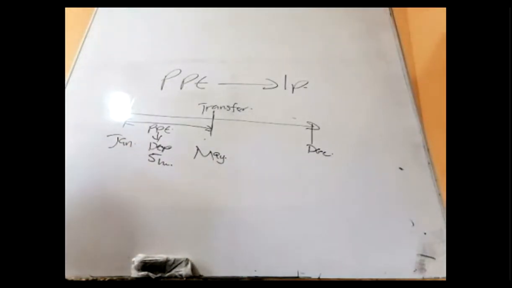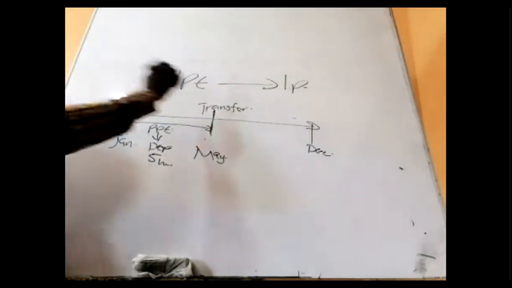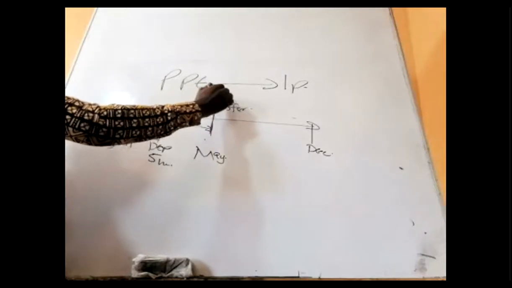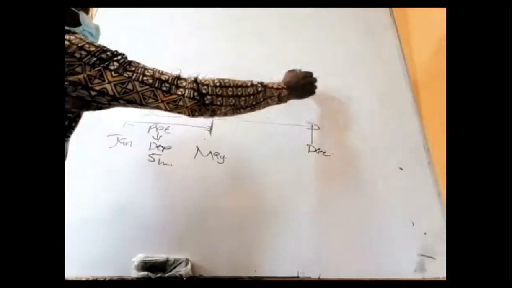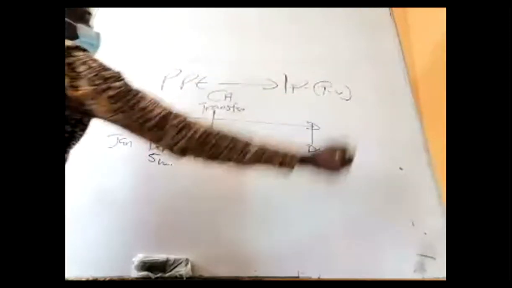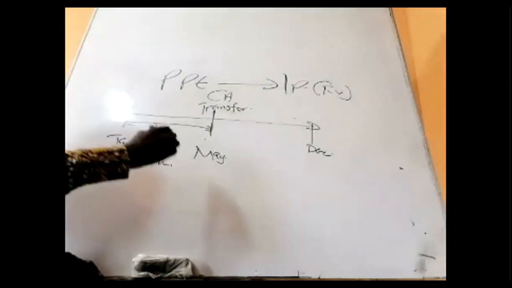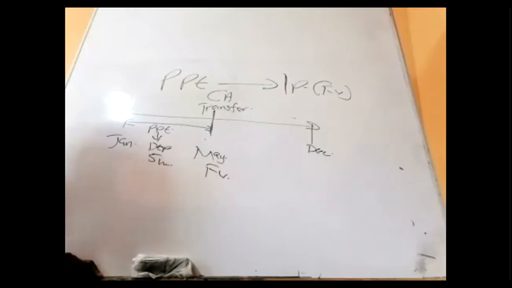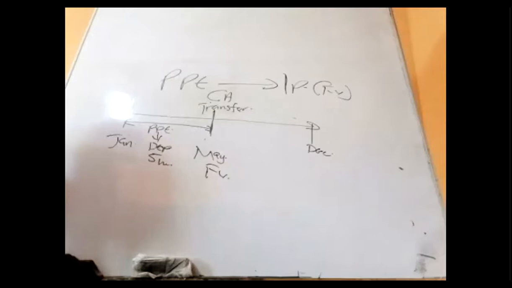Then second, at the date of the transfer, two things should happen. Can you calculate the carrying amount at the date of the transfer? And here, we will tell you that under investment property, we are going to use the fair value model. So at the date of transfer, determine the fair value of the property and compare the carrying amount and the fair value. There will be a gain. That gain should be reported in OCI.